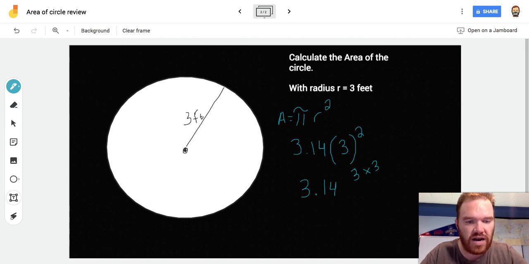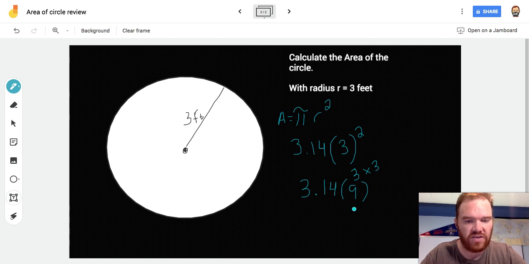Write out 3 squared as 3 times 3, so you keep remembering that the square means times itself. In this case, 3 times 3 gives me 9.